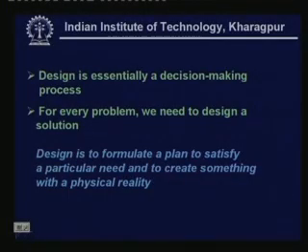So, with the existing knowledge, whatever tools you have in your hand, make a decision, and that decision is the primary objective of machine design. That means, to formulate the entire idea once again, design is to formulate a plan to satisfy a particular need and to create something with a physical reality.